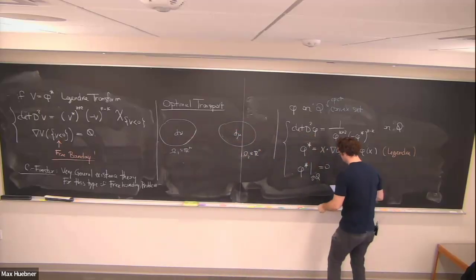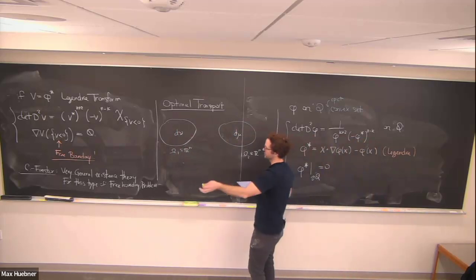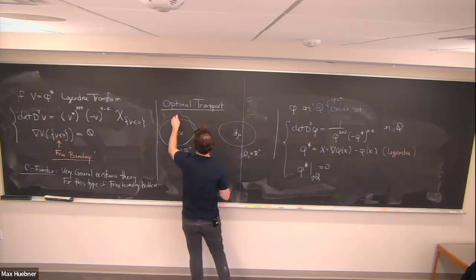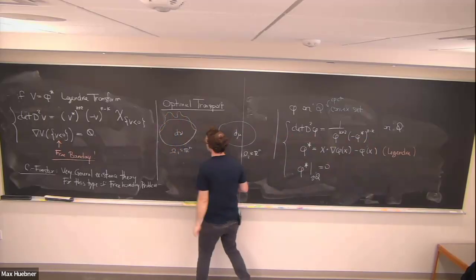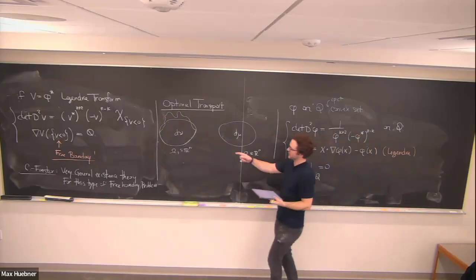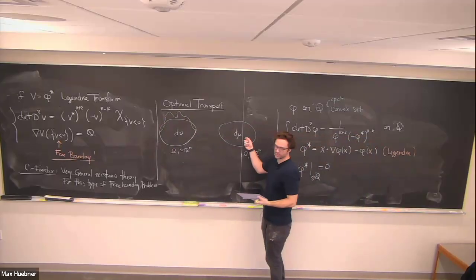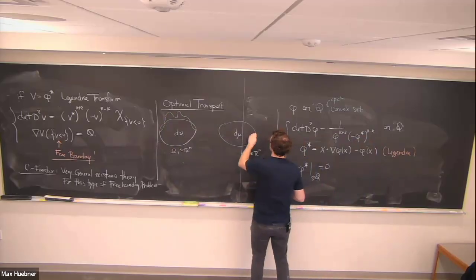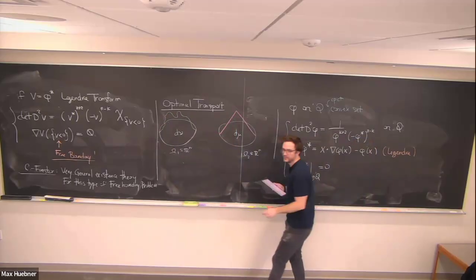Okay, and you imagine that these two measures are describing the distribution of some debris, right? That's the classic thing. So you have some pile of dirt inside of omega 1, and now you want to use that pile of dirt to build some structure in omega 2, like the pyramids, right?